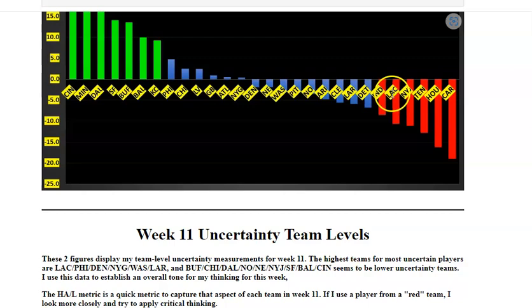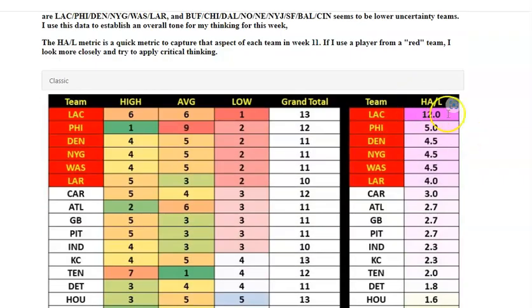So I got the Chargers here, low power ranking, and I got them really concerned about all these players from injury. And yeah, not saying I won't play Keenan Allen. It's just, if it goes south, I shouldn't be saying, well, how come I didn't think of it? I did think about it.